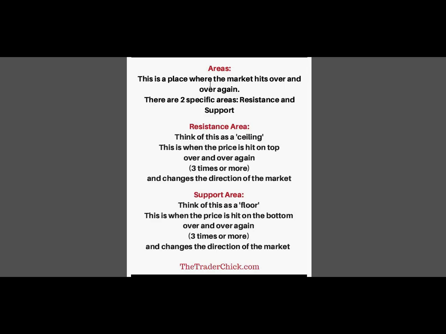There are more, and I will be going into a lot more of this in my beginners boot camp for day trading. But right now, the main ones that you probably have heard without even realizing is resistance area and support area. Those are your two main ones. The resistance area is like a ceiling where it hits on top. Support area is like a floor where it hits on the bottom.